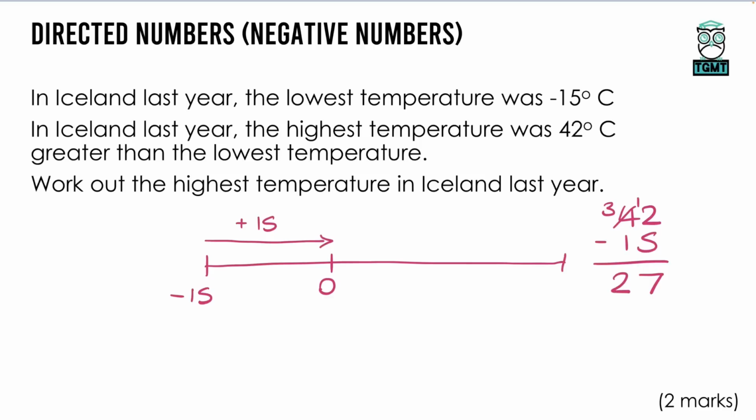So I have to go up an additional 27 degrees. Now, if we go up an additional 27, which would be an overall increase of 42, of course that's going to get me to 27 degrees. So here, the highest temperature in Iceland last year would be 27 degrees Celsius. And there we go, that'll be our final answer looking at this negative number question.